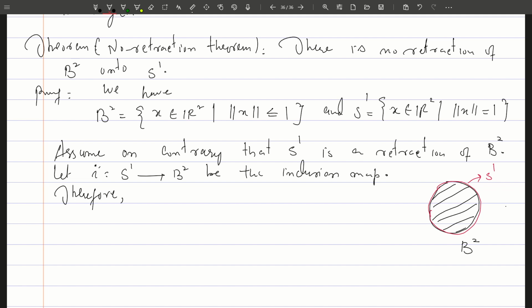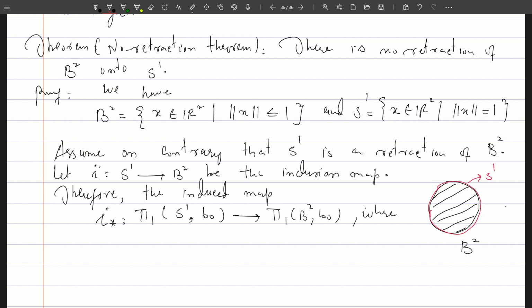Therefore the induced map I star from the fundamental group of S1 based at B naught to the fundamental group of B2 based at B naught, where B naught is a point in S1, is injective.